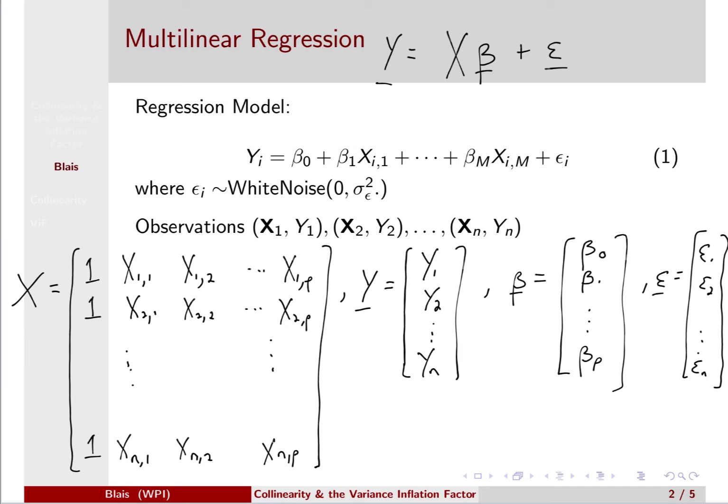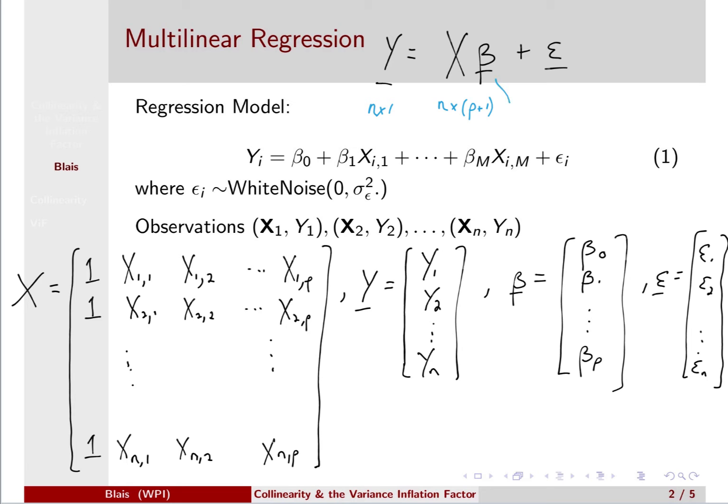So y is an n by 1 vector of observations for the response. X has n rows and p plus 1 columns.